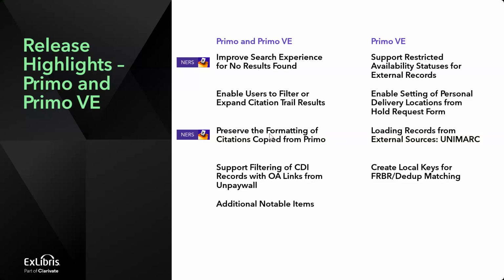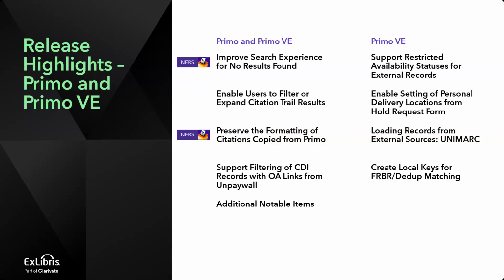We also want to specify an enhancement coming for both Primo and Primo VE, but it's more related to the content release. We now have the Unpaywall collection as a database available in the community zone and knowledge base for you to activate.